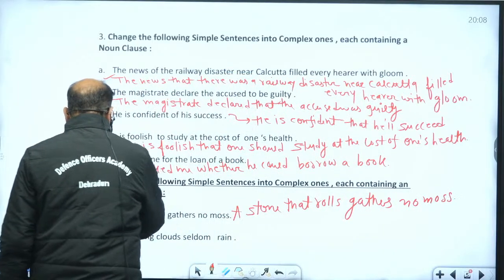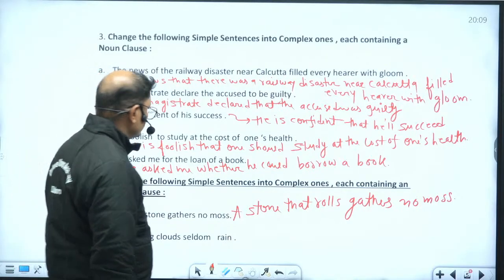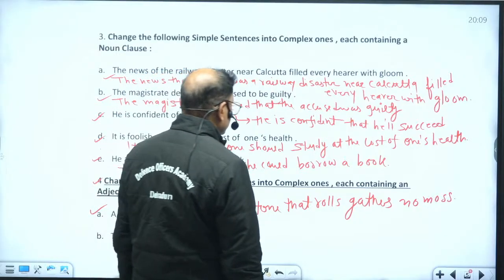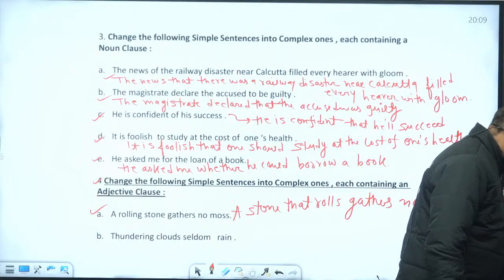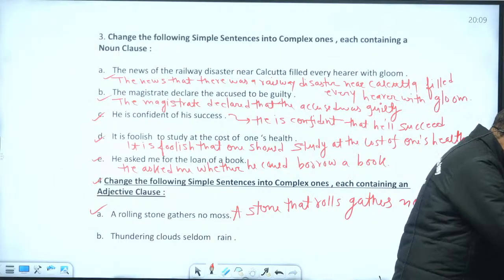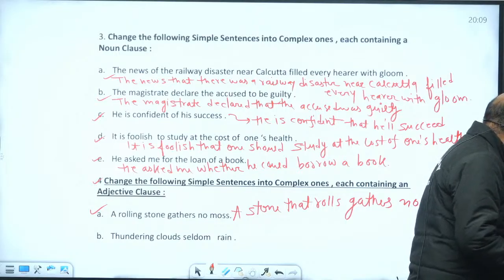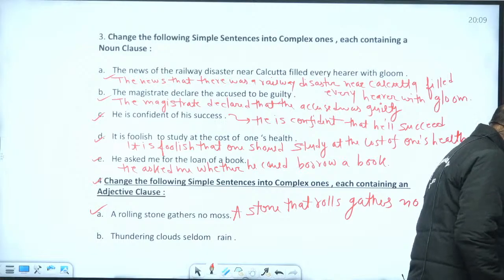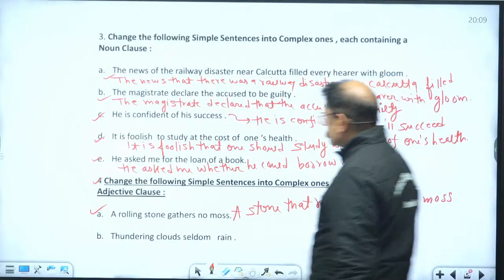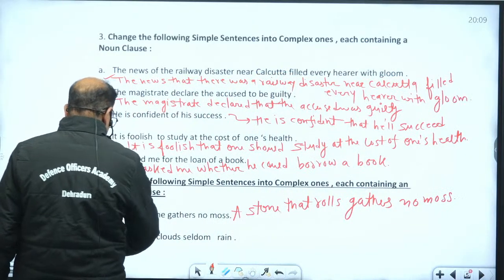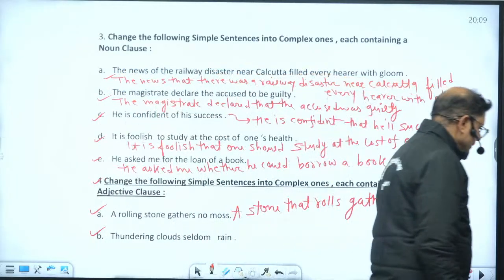So this is a quite simple one. Thundering clouds seldom rain.